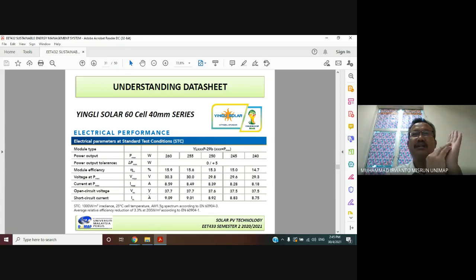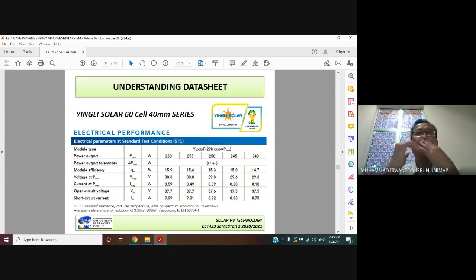For more detail, we can obtain the datasheet from, for example, the internet, from the factory that manages the PV module.